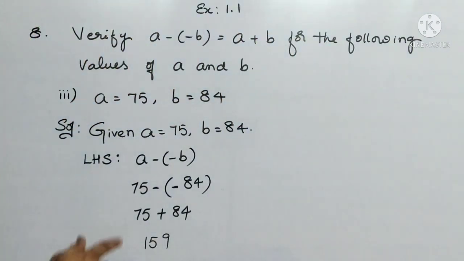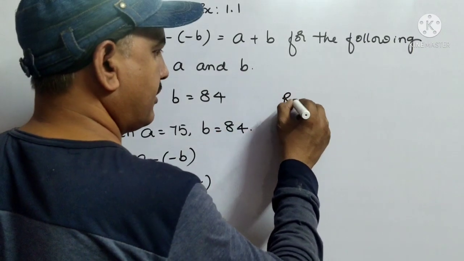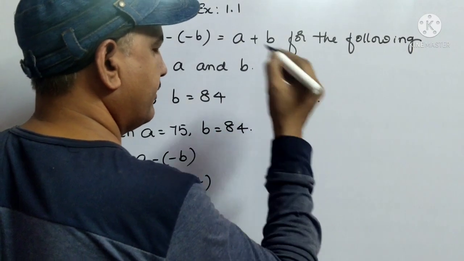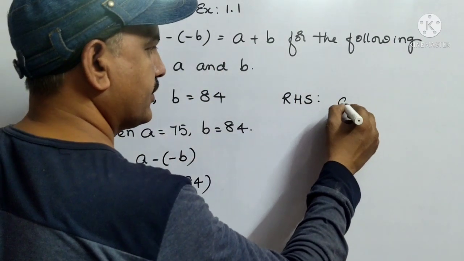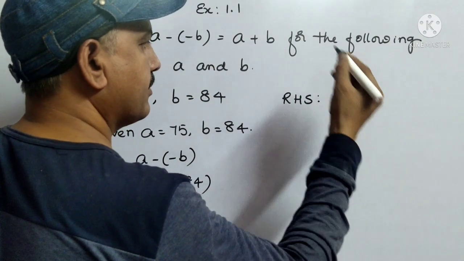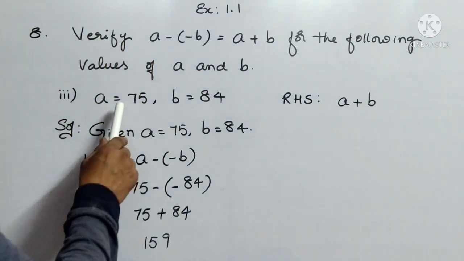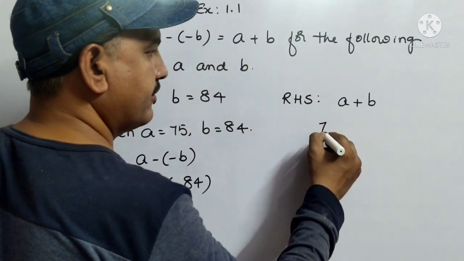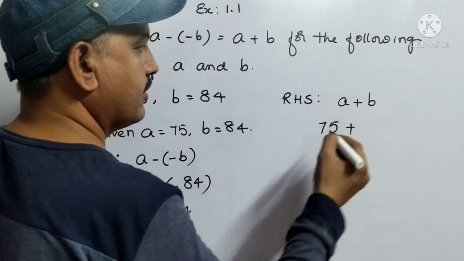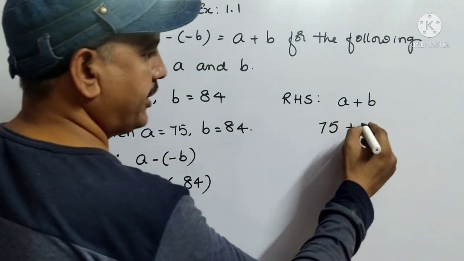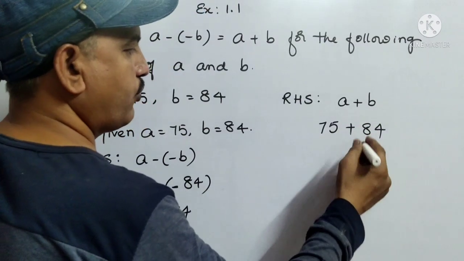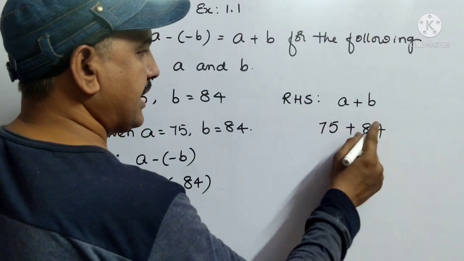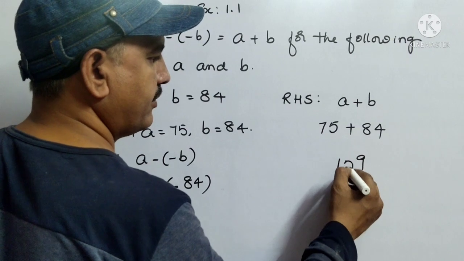Okay. Now, so this is LHS. Next, RHS means right hand side. Right hand side means A plus B. What is the A value? 75 plus, what is the B value? 84. Okay, again 5 plus 4, 9, 7 plus 8, 15.